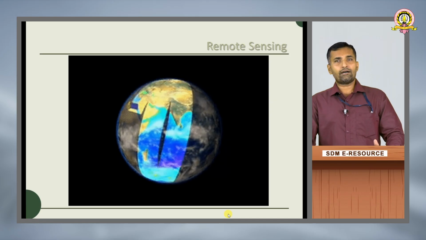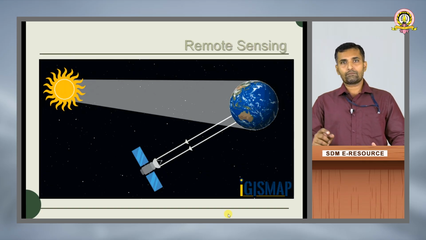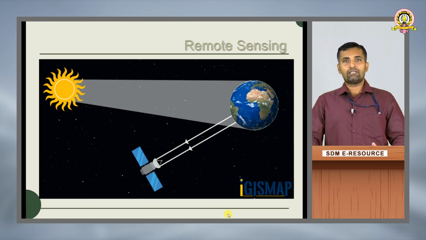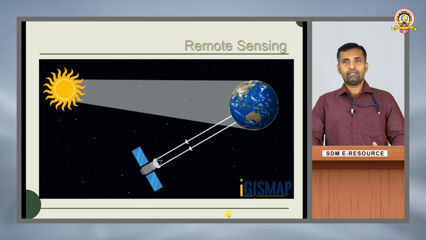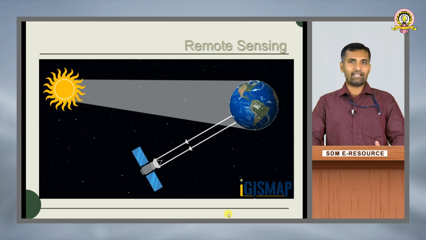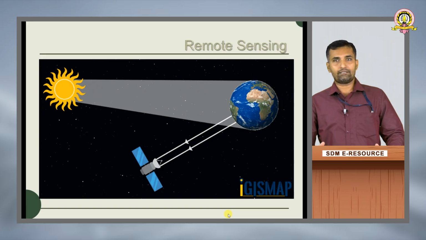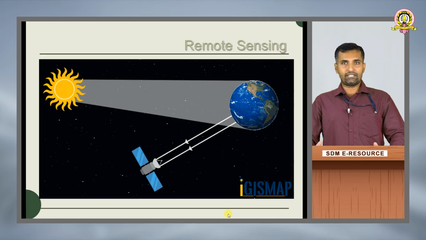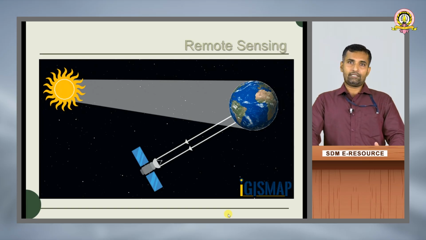And all these sensors sense the reflected electromagnetic spectrum from the Earth surface features. Then who is the natural source of electromagnetic spectrum? The sun. We know that the sun is a natural source of electromagnetic spectrum. The radiation that is reflected by the Earth surface features can be sensed by the sensor.